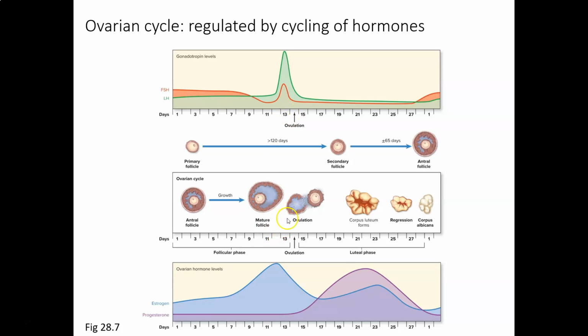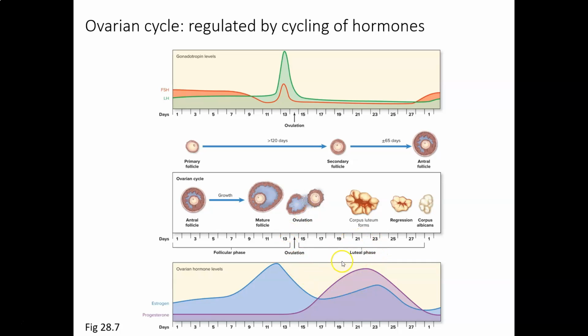Then with ovulation happening, now you have lost the follicle, right? And you actually have a decrease in the estrogen level, because estrogen is produced by the follicle. But then the second phase is called the luteal phase, right? The luteal phase is the development of the corpus luteum as the remnant of the follicle.